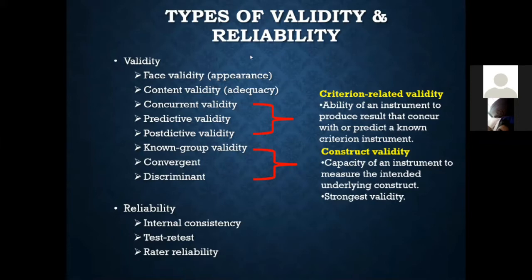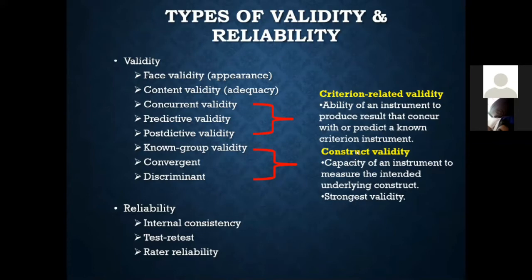The highest form of validity would be construct validity, the capacity of an instrument to measure the intended underlying construct. These are considered the strongest types of validity.